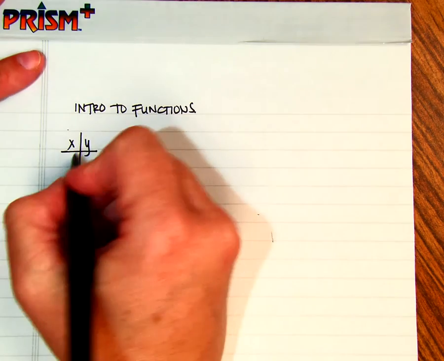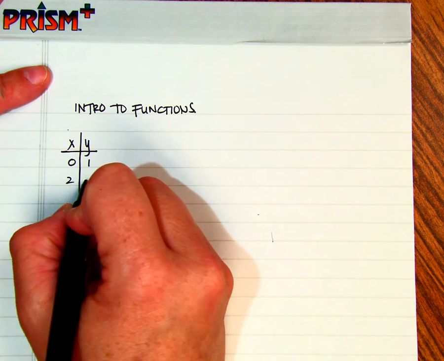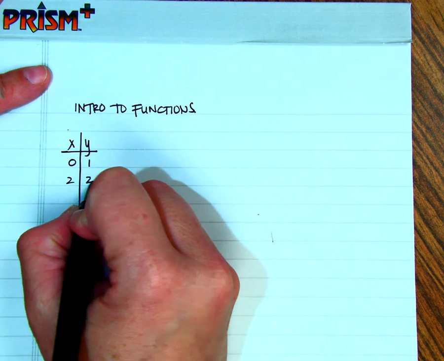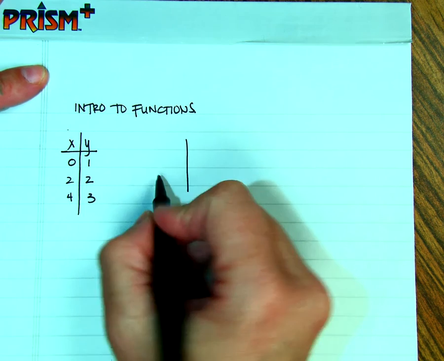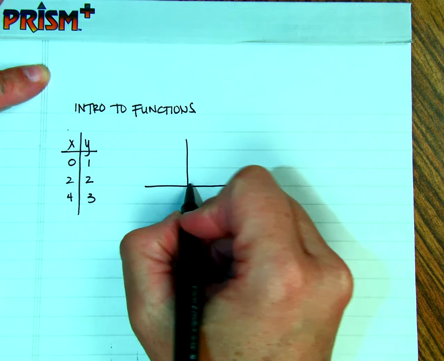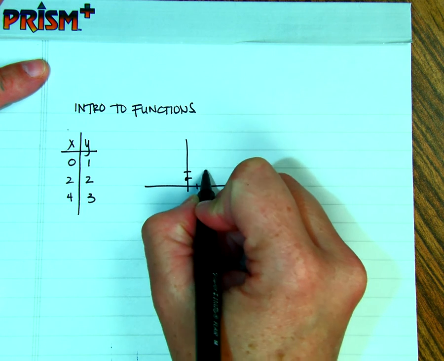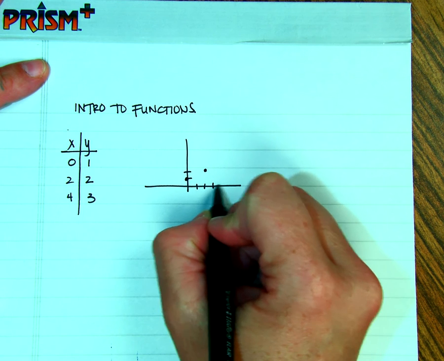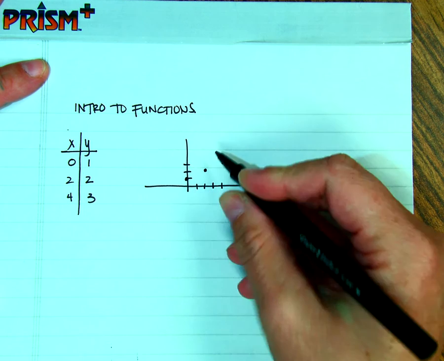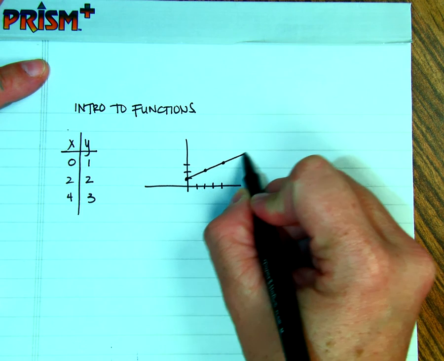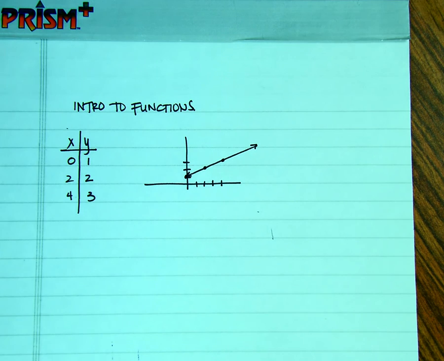Okay, so if you had the ordered pairs of (0, 1), (2, 2), and (4, 3), and you graphed that, you had what we were going to be calling a linear function. Okay, you guys have seen that before.